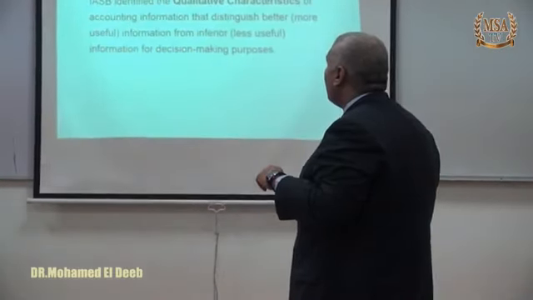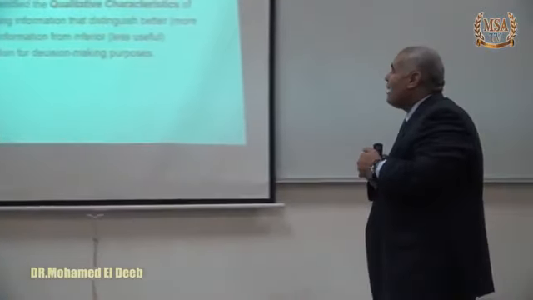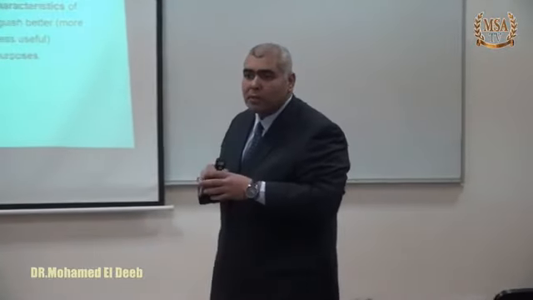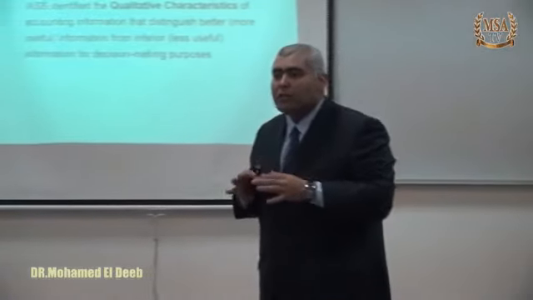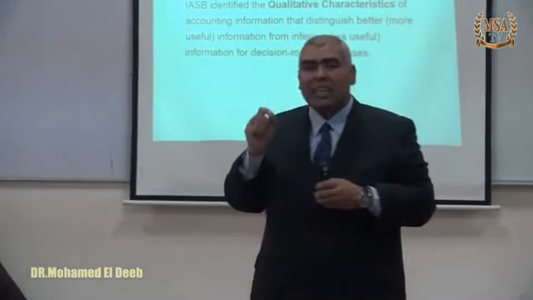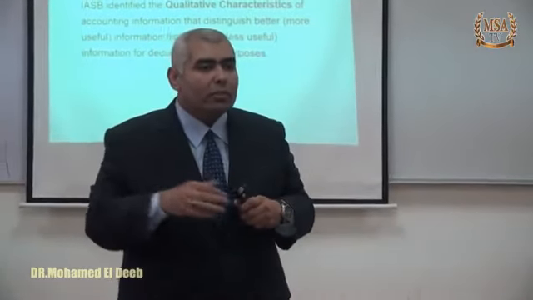First, we are going to go for the second level. This was the first level, and we will move to the second level, which is the qualitative characteristics of information. Because accounting is always about numbers, we have to set some criteria, some characteristics that we take into consideration in order to provide more useful information.